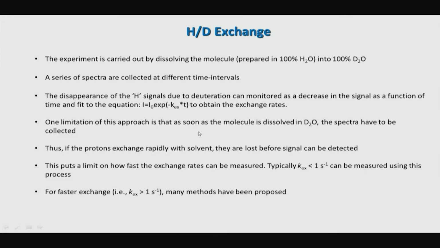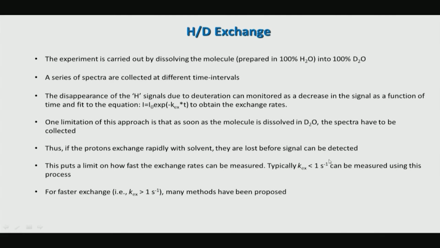Many protons exchange rapidly with solvent, so this typical standard method does not work for them. And what is the limit of this method? The method typically works if your exchange rate is 1 per second.